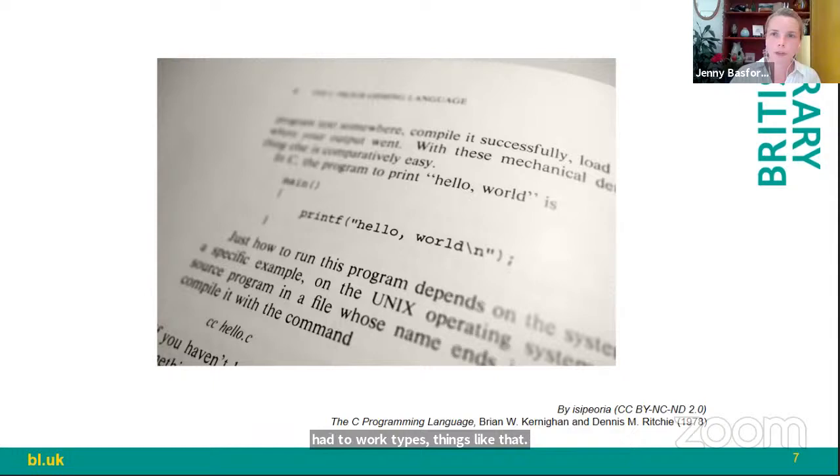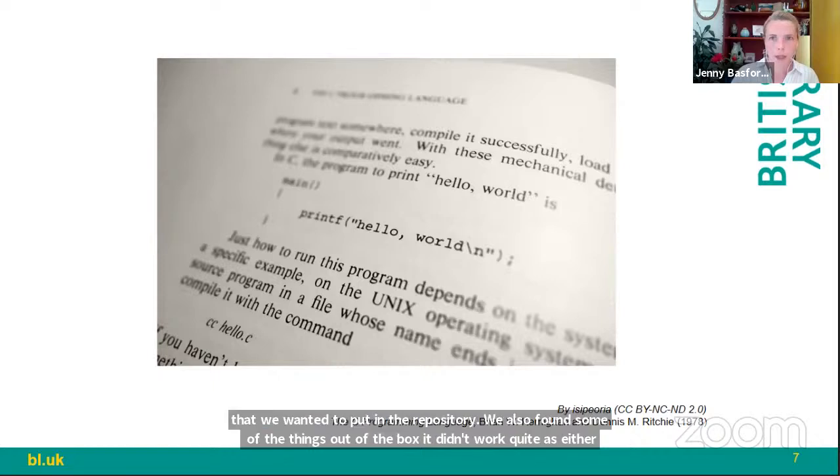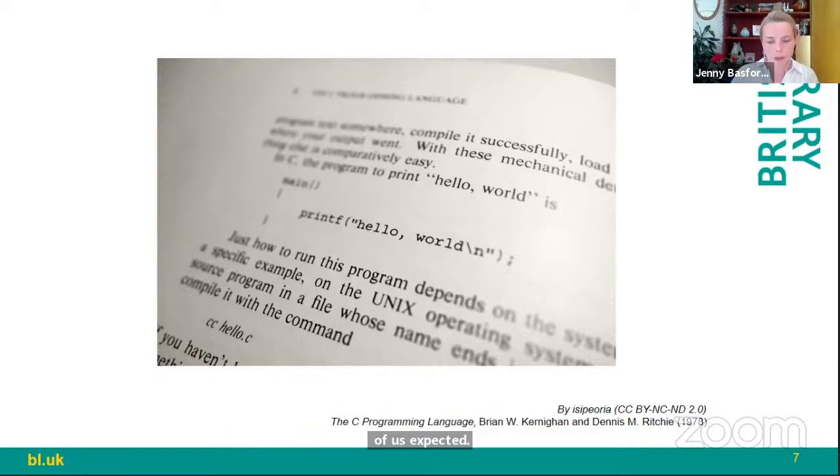It just wasn't suitable for describing the kinds of things that we wanted to put in the repository. We also found some of the things out of the box that didn't work quite as either of us expected. Now, I don't know if that was user error on our part, highly likely, but also there were just some things that didn't quite work as well. And that was version 1 of Haiku, and there is now version 3 of Haiku that's available. So since 2018, we've come quite a long way for the software itself.